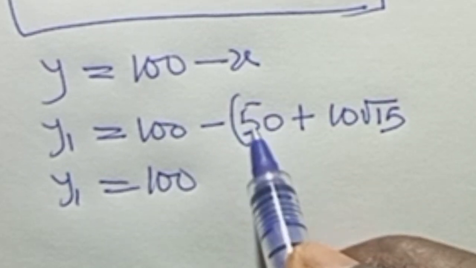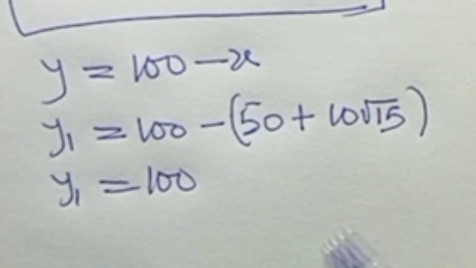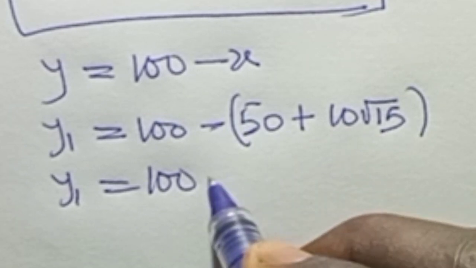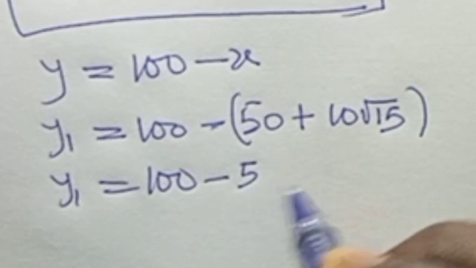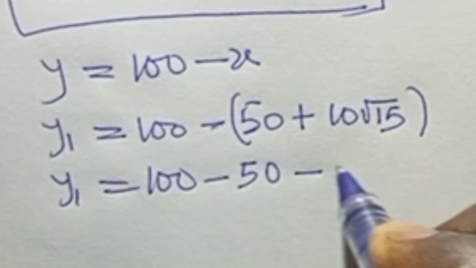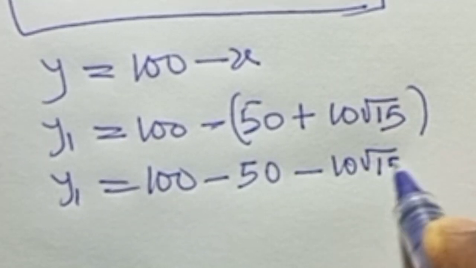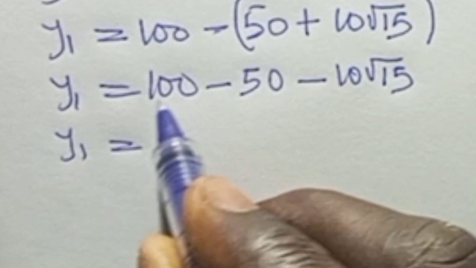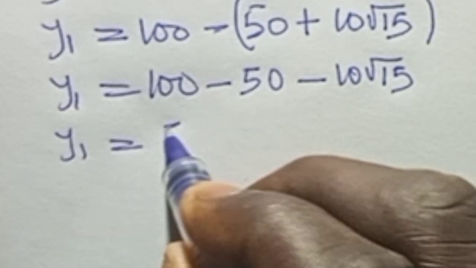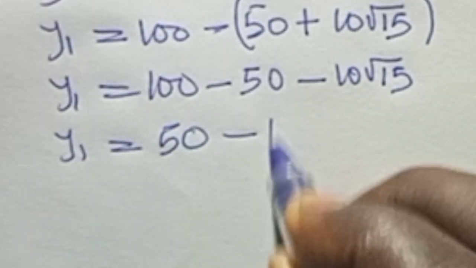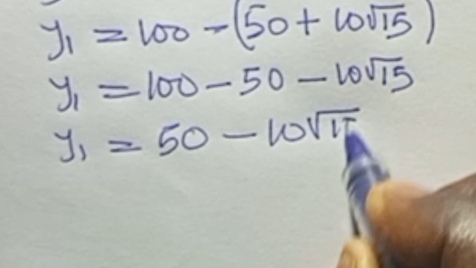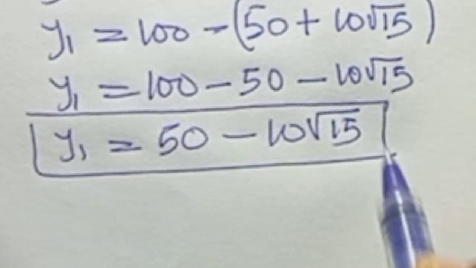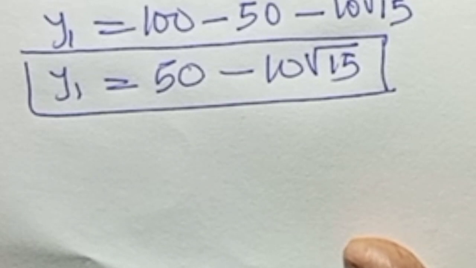We put the value of x in a bracket because it's an expression, so the negative sign will open it up. So we have it as minus 50 minus 10 root 15. So if you solve this, we have y1 equals 100 minus 50. That will be 50 minus 10 root 15 for y1.